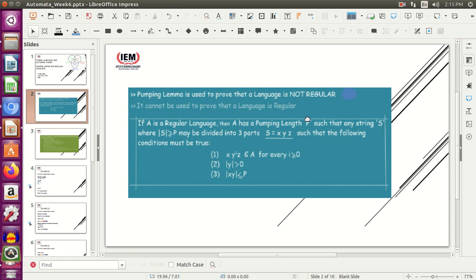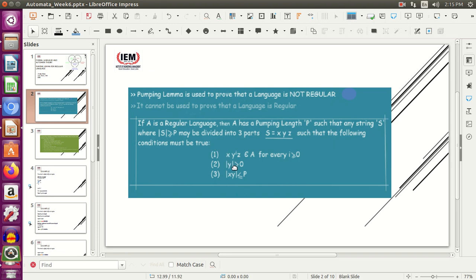If A is a regular language, then A has a pumping length P such that any string S where the length of S is greater than or equal to P may be divided into three parts, X, Y, Z, such that the following conditions must be true.